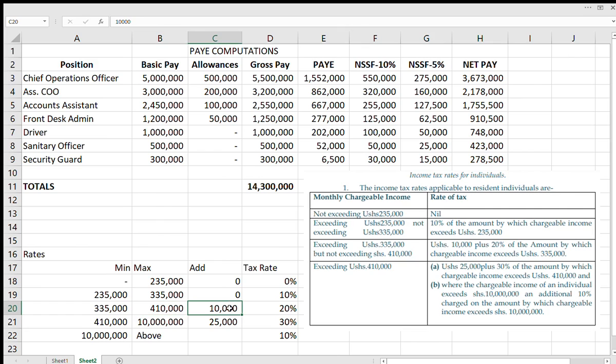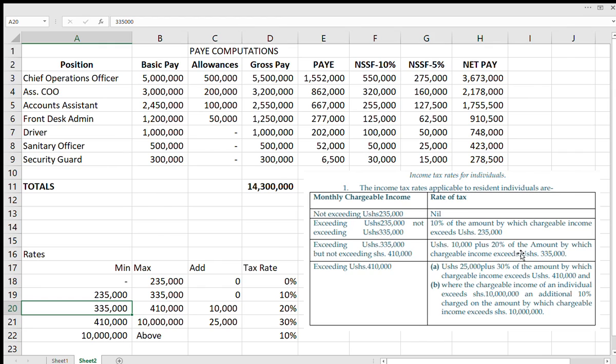There we shall add: we are saying you have 10,000 plus 20% of the amount by which the chargeable income, which will be the gross pay, exceeds the minimum.